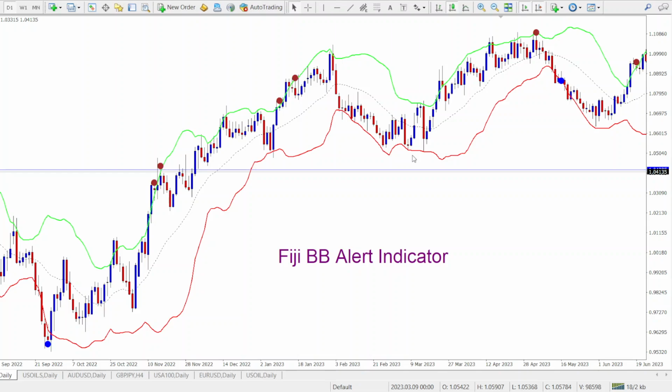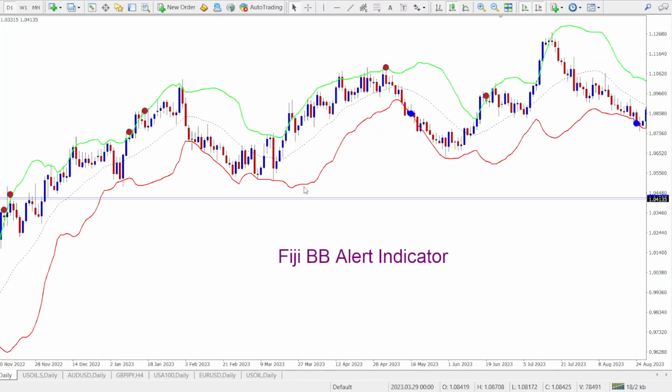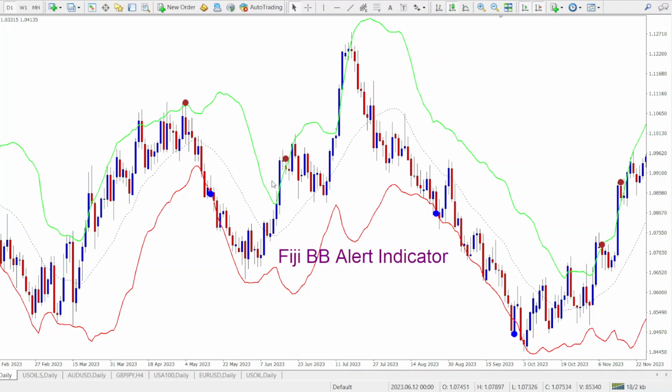Now when you want to identify a sell signal, look for points of rejection on the upper band, because the upper band serves as a dynamic resistance, while the lower band serves as a dynamic support. So when you have rejection around the upper band, you can watch out for bearish candlestick patterns.